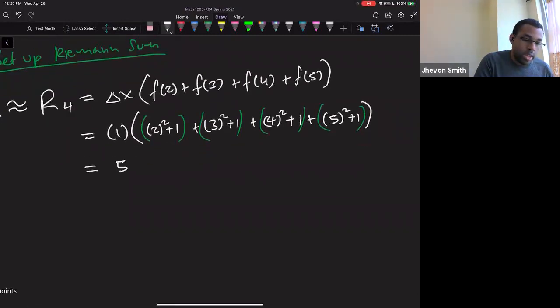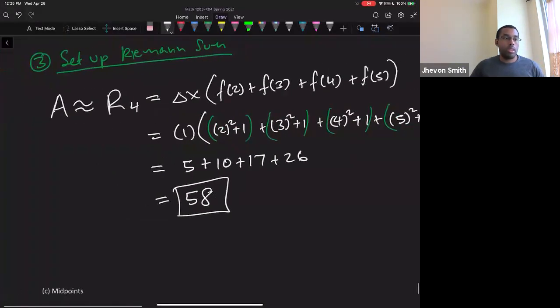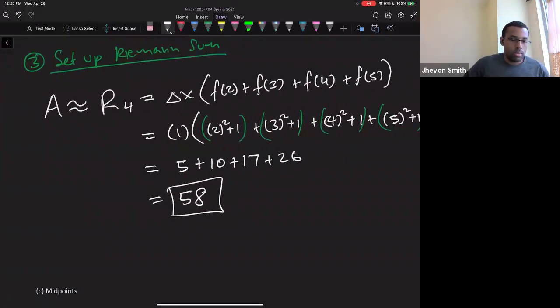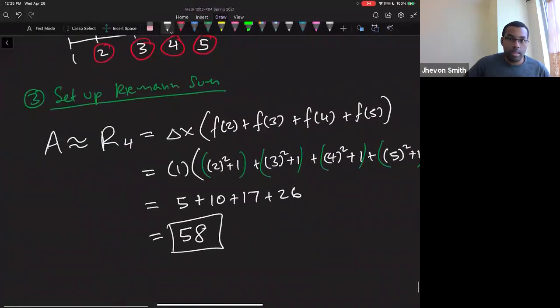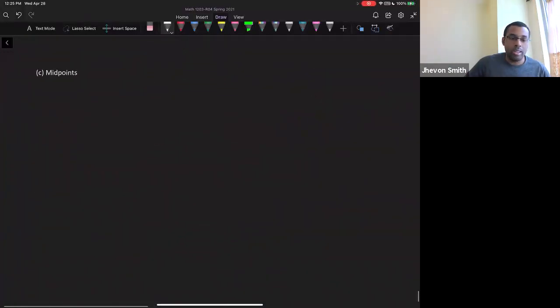That's going to be 5 plus 10 plus 17 plus 26. The approximation here is 58, larger than the left hand. Okay, that's it. That's the whole answer.